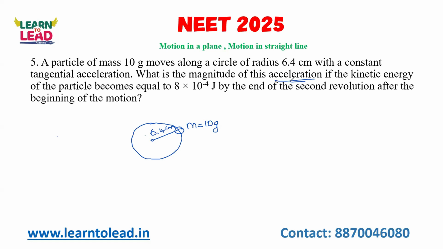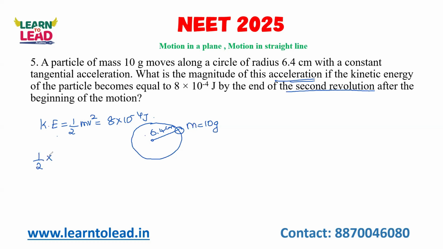We are asking what is acceleration. The kinetic energy of the particle is half mv square, which is equal to 8 into 10 to the power minus 4, by the end of the second revolution after the beginning. So half mv square is equal to 8 into 10 to the power minus 4 joules.